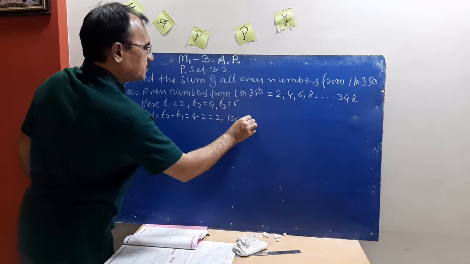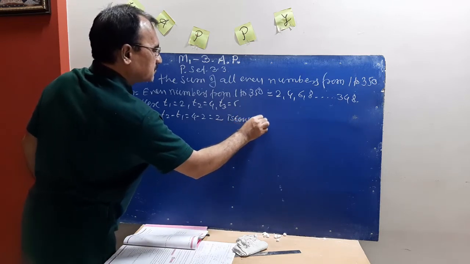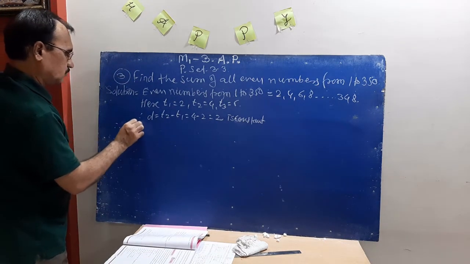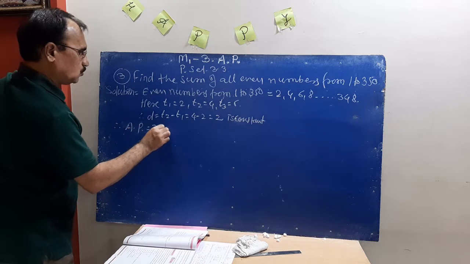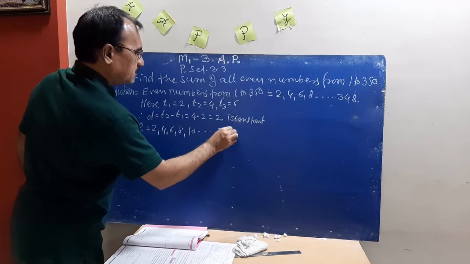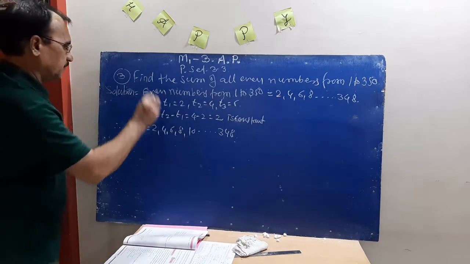D is constant, therefore the AP is 2, 4, 6, 8, 10, and the last one is 348. We have to find the sum.